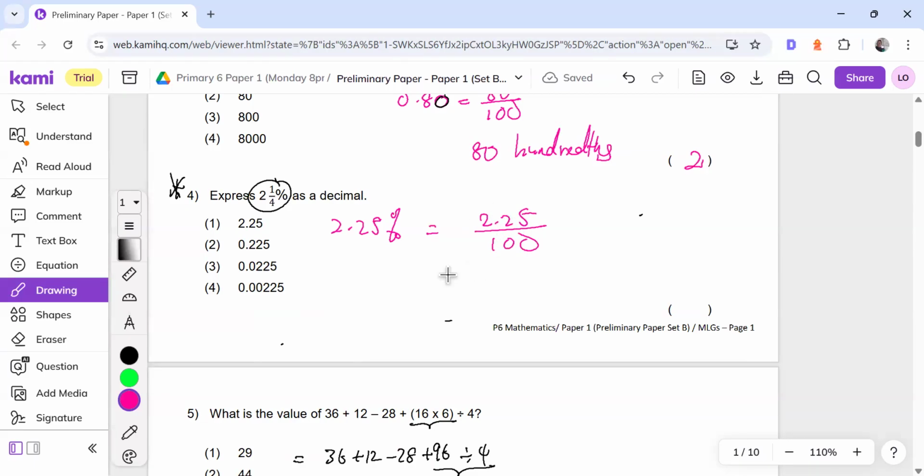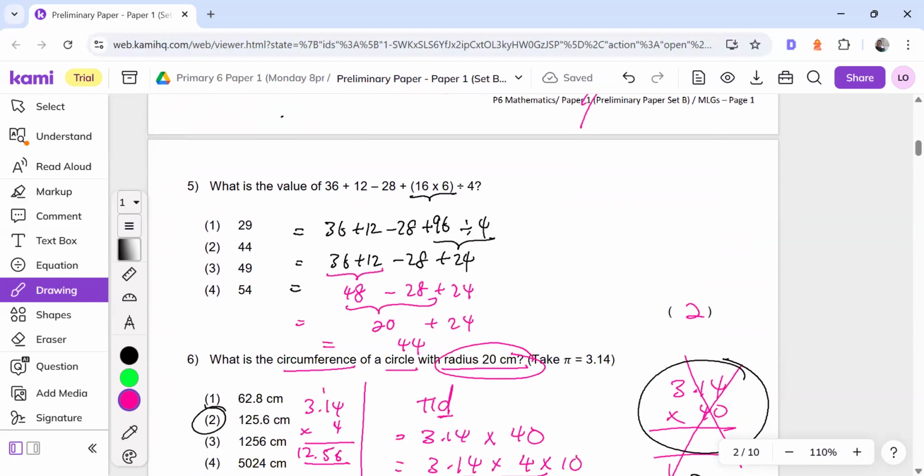And what is a fraction? Fraction means divide. So 2.25 divided by 100. Then you shift the decimal point to the left, 1 and 2. So 0 in front of the decimal point. That's how you get 0.0225 without the percentage symbol. This is a PSLE question, or something similar. So don't get tricked by this question.